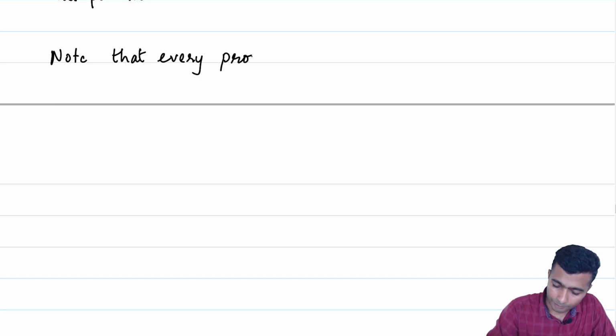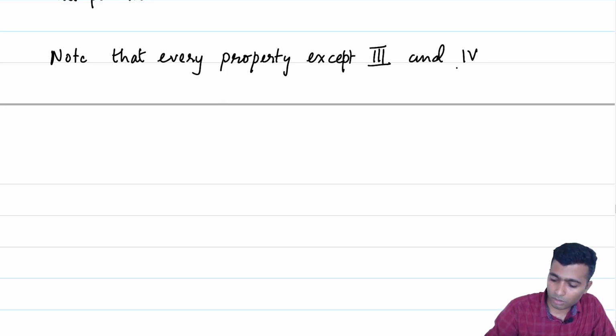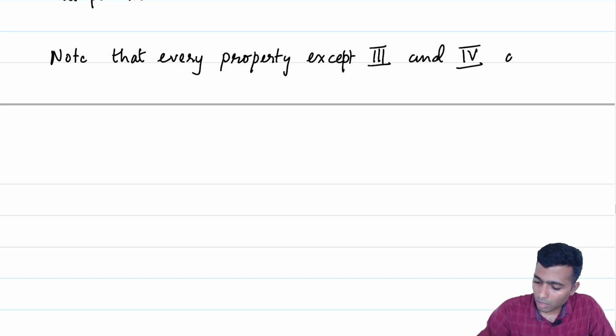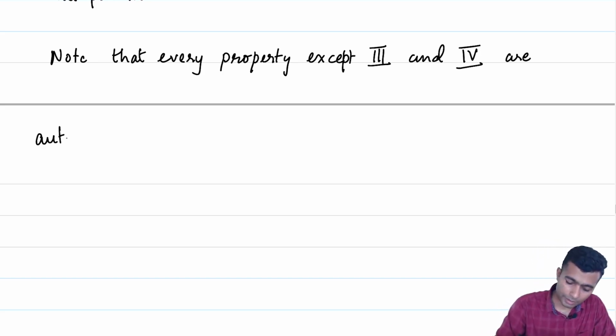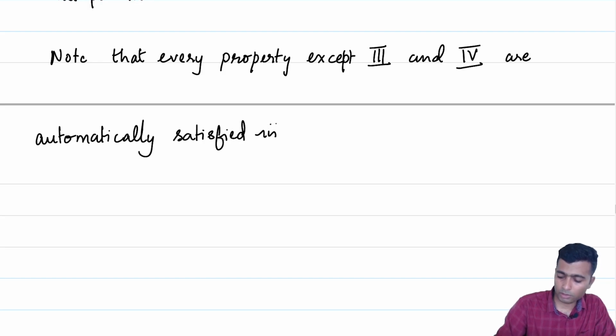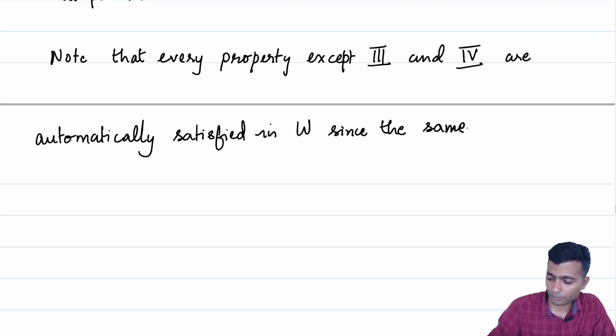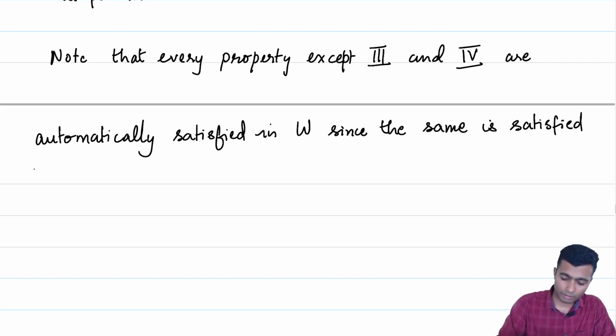Every property except 3 and 4 is automatically satisfied in W, since the same is satisfied by the addition and scalar multiplication in V.